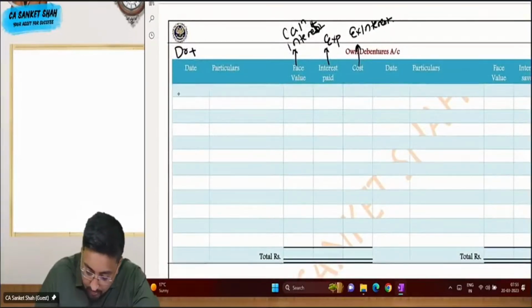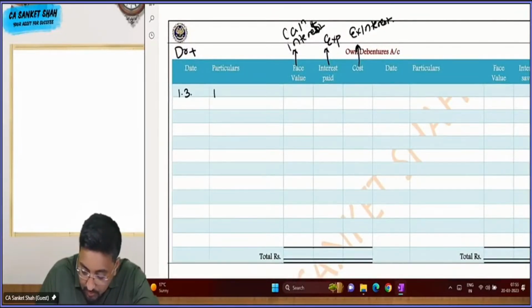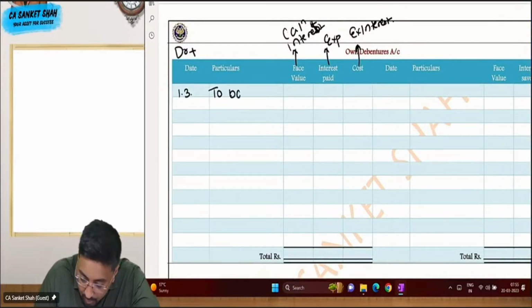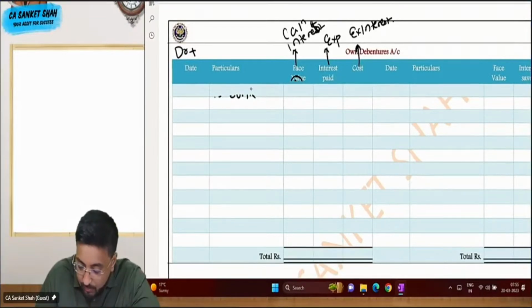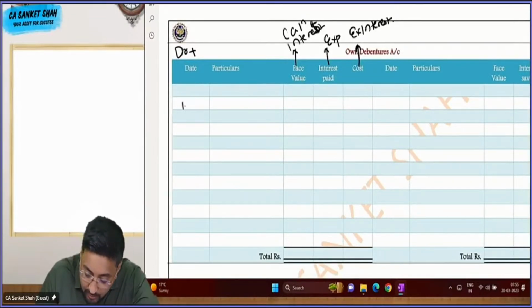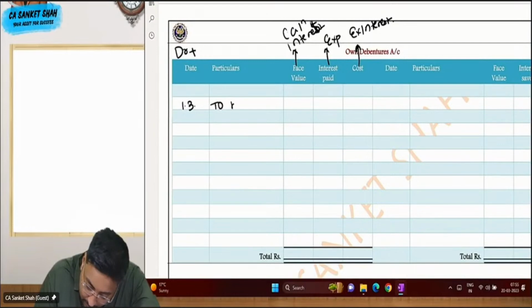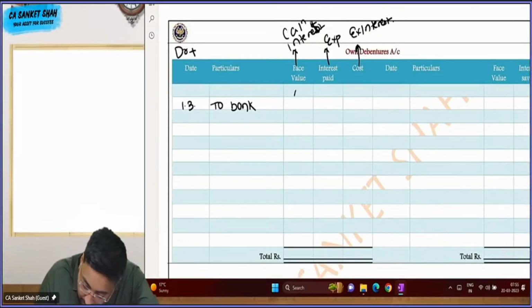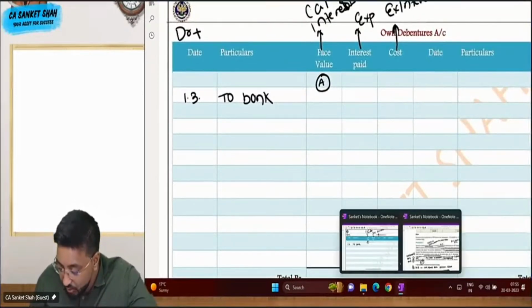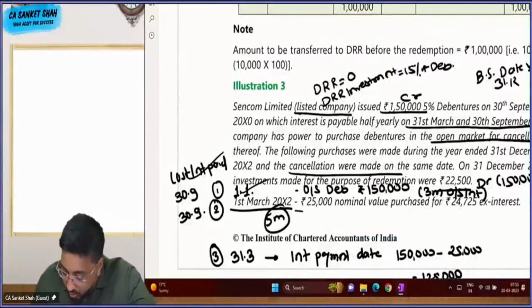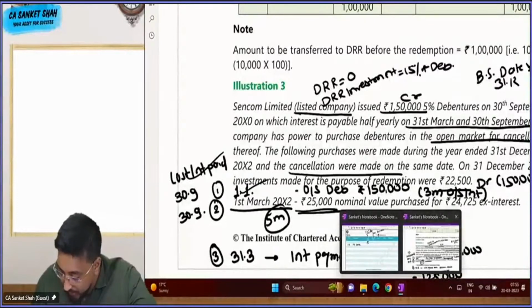Okay, 1st March to bank, number A face value column. Where to write, beta? Number A face value column. Are you finding it easy? What is the answer? Face value 25,000. 25,000. Okay.